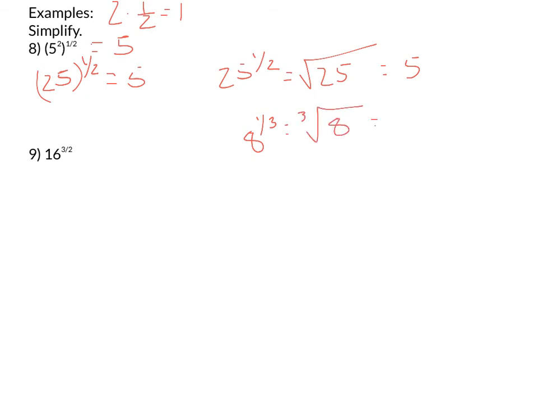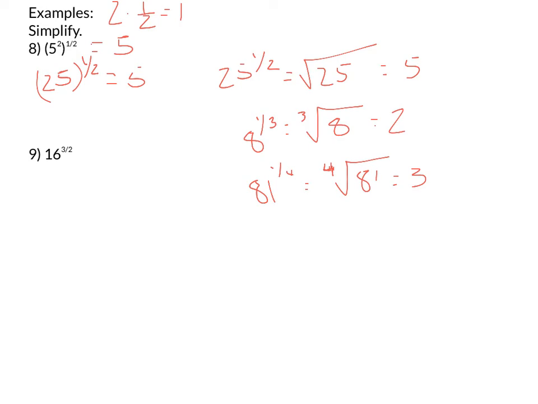Or rather, what number times itself 3 times gets me 8. How about 81 to the 1/4? That's the 4th root of 81. Or rather, what number times itself 4 times gets 81, and we get 3 there.